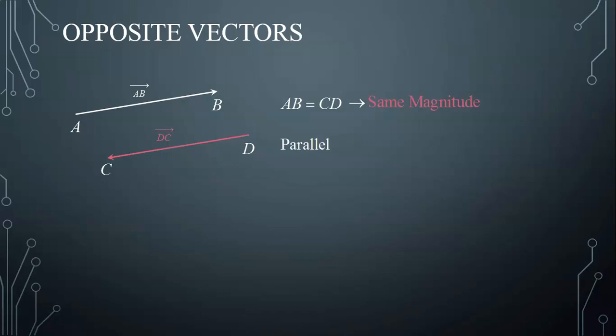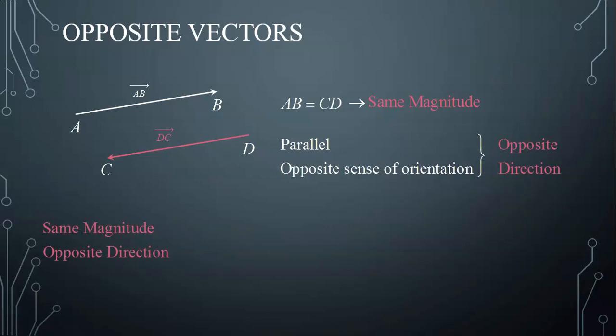They are still parallel, but now they have an opposite sense of orientation, which means that the two vectors have opposite direction. So same magnitude and opposite direction implies that the two vectors are opposites, which we denote by vector AB equals negative vector DC.